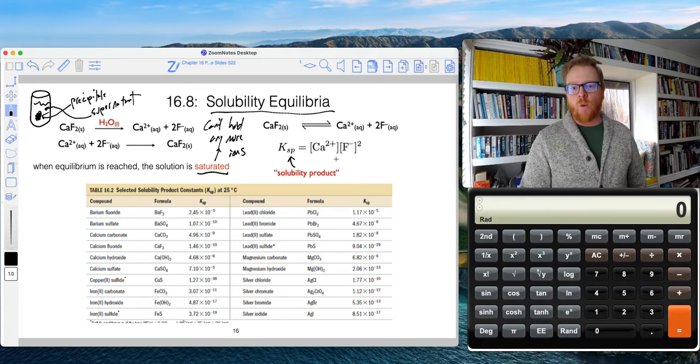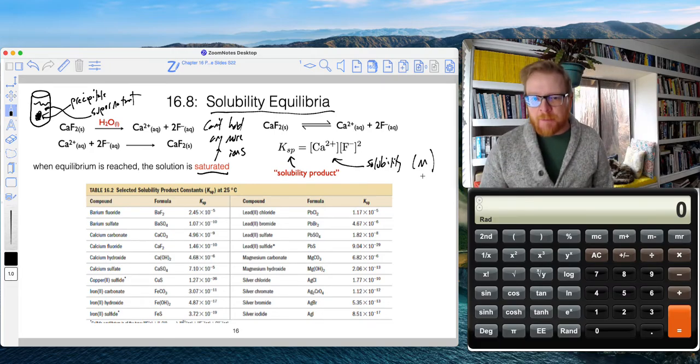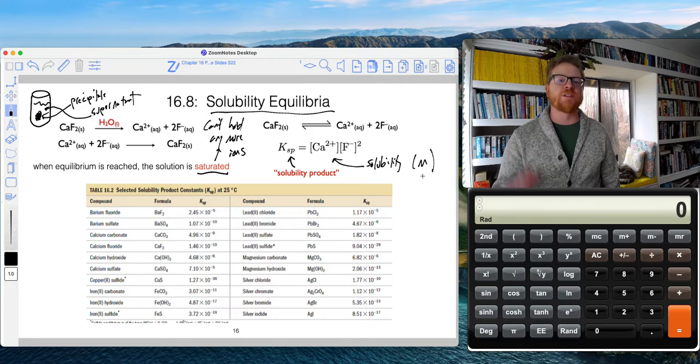And so what will happen now is the concentration inside these brackets is what we call the solubility. Okay, so I'll say that gives us the solubility concentration in molarity, which is to say that's the maximum number of ions we can hold in solution.